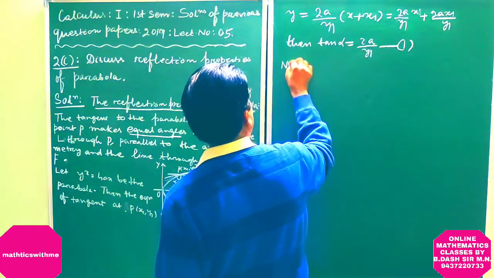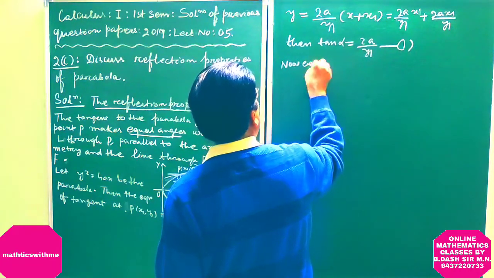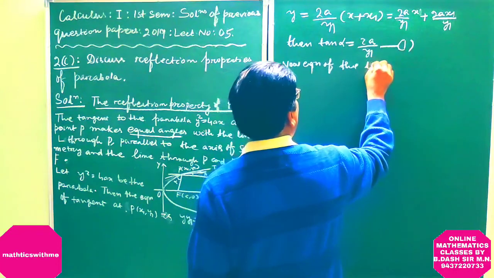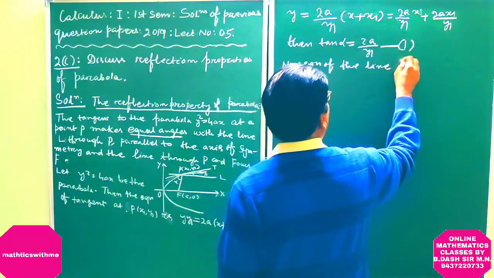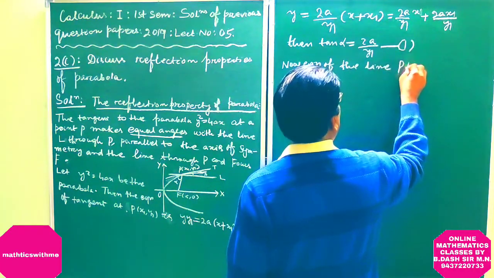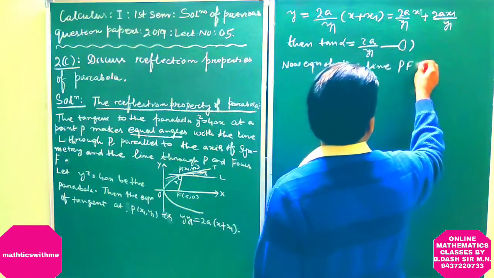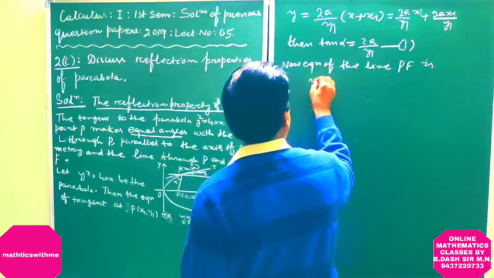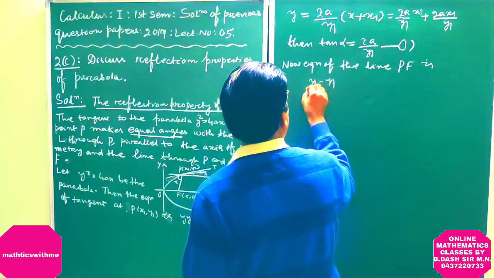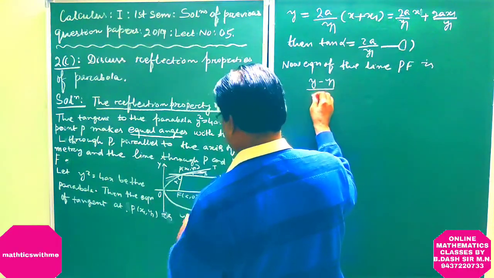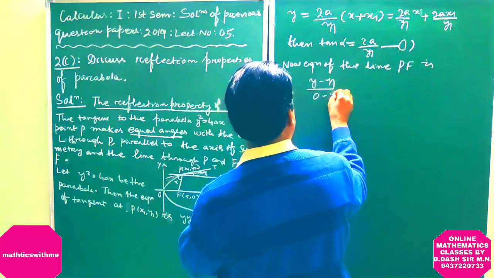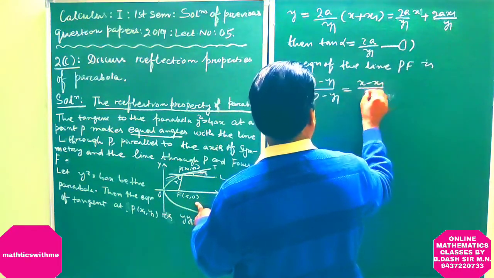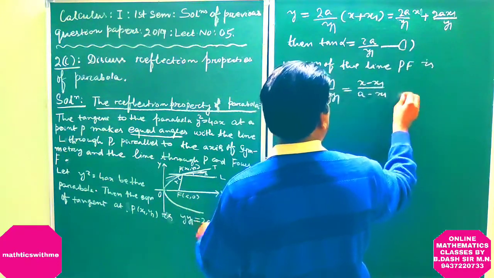Now the equation of line PF is y minus y1 by y2 minus y1 is equal to x minus x1 by x2 minus x1.